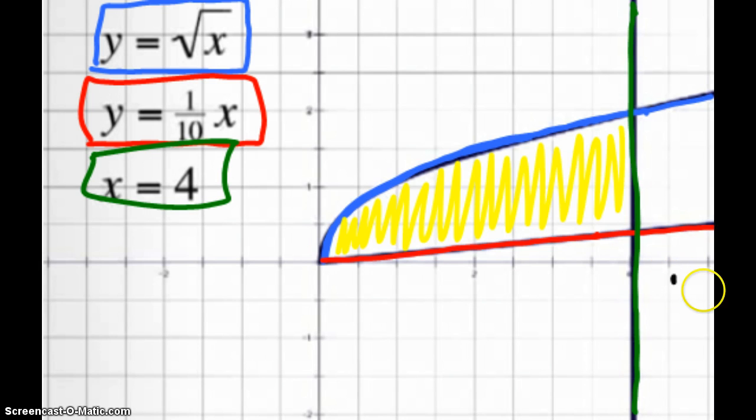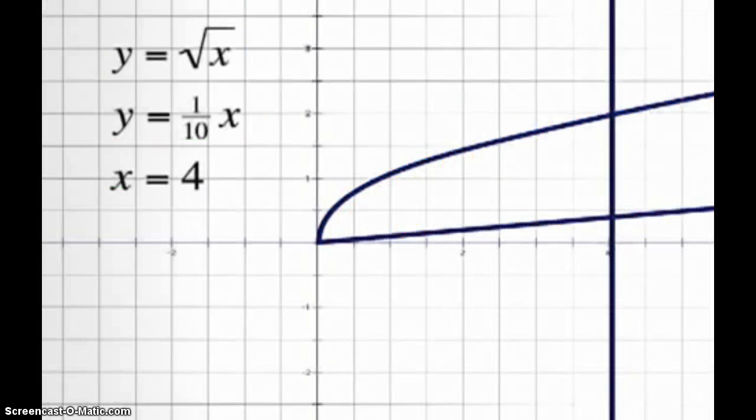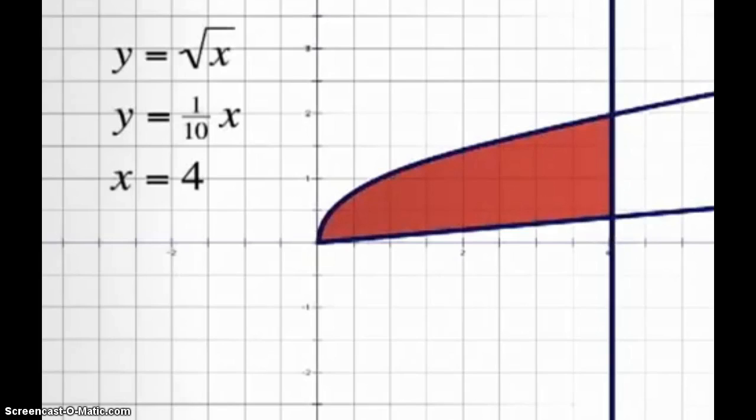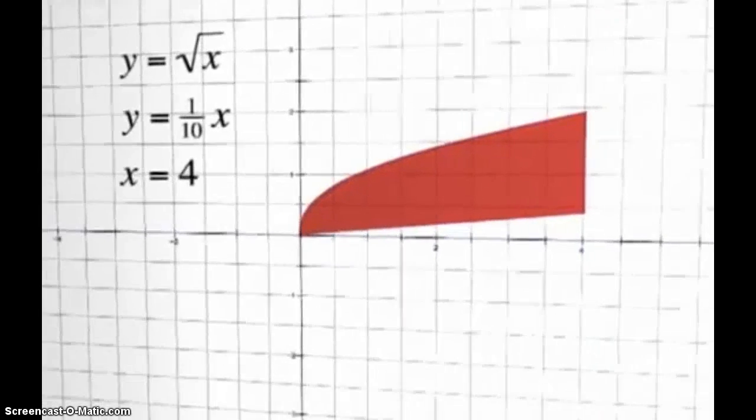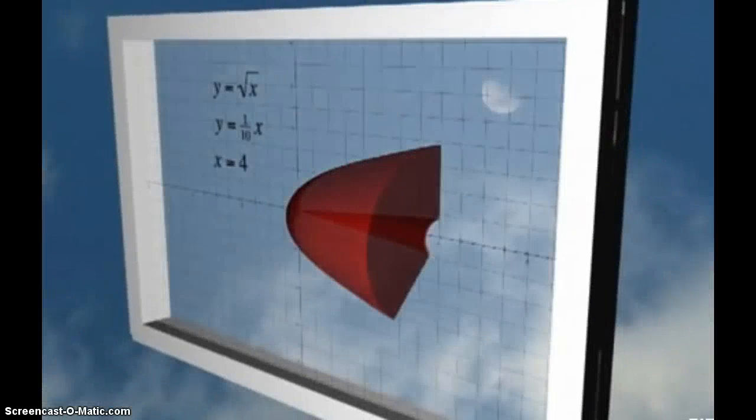So what we will do with this region is revolve it now around the x-axis, creating a three-dimensional solid that will look sort of something like this. Our region, which you see shaded in red here, is going to be revolved around the x-axis.